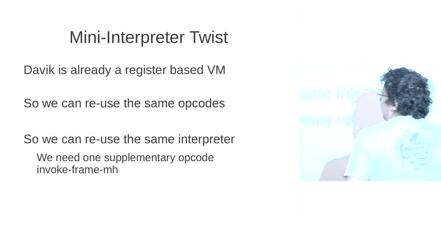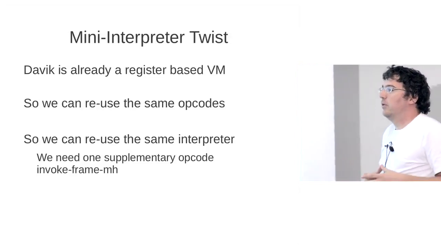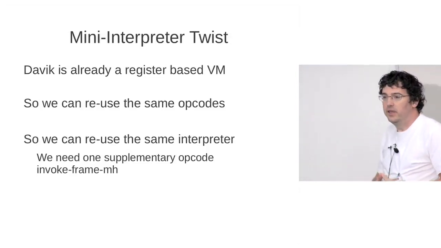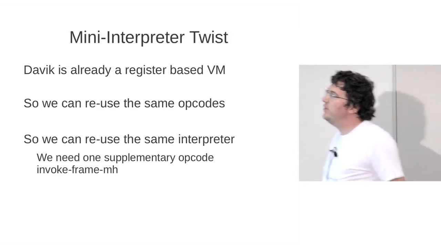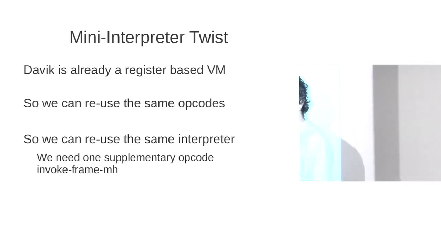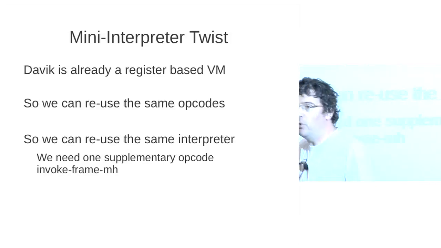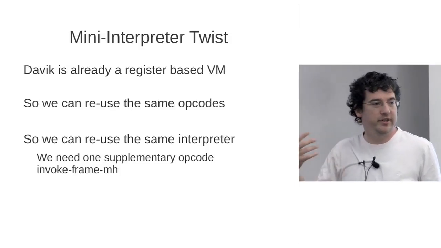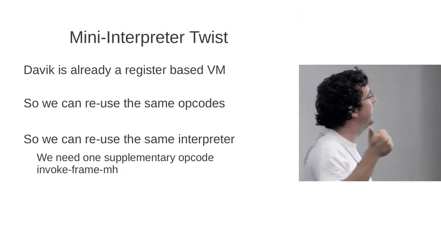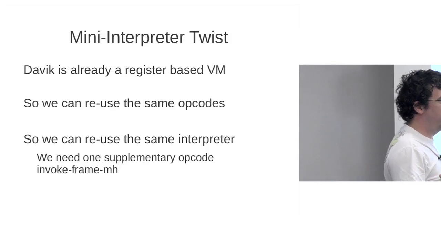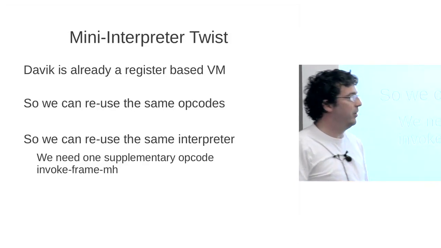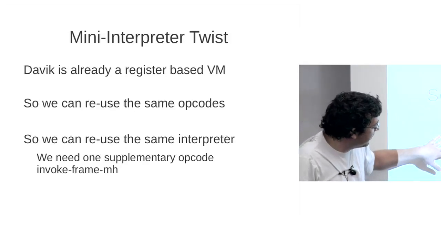What we think is that because we can reuse exactly the same interpreter and all the opcodes that already exist, we just have to implement one opcode, the invoke frame MethodHandle.